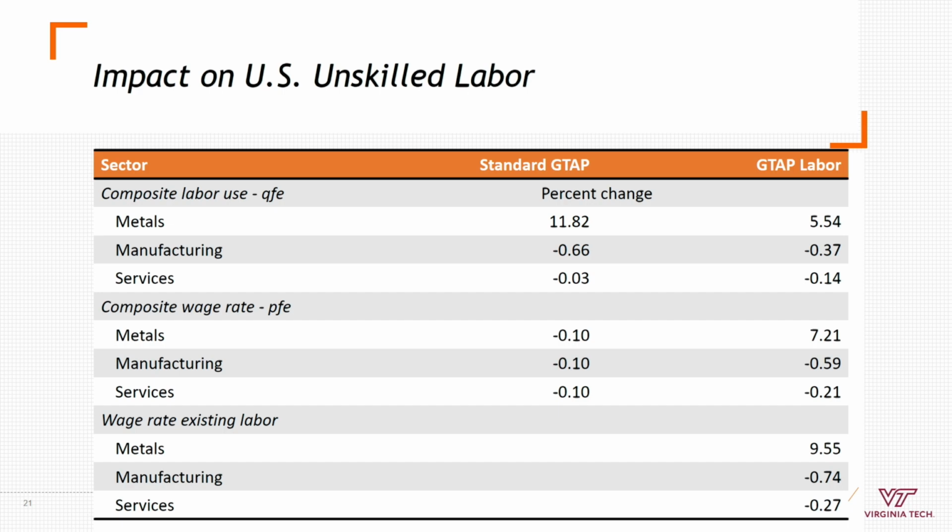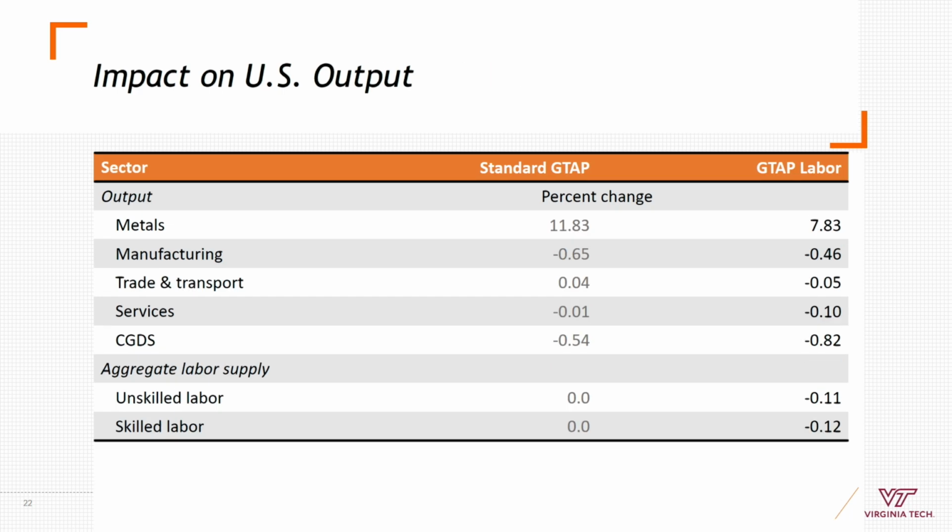So that's what's going on there. So as far as output, since the price of metals is higher in the labor model than it was in the standard GTAP model, you're going to have less substitution in the U.S. towards domestic metals, because that gap between the imported price with the tariff rate and the U.S. price is small.